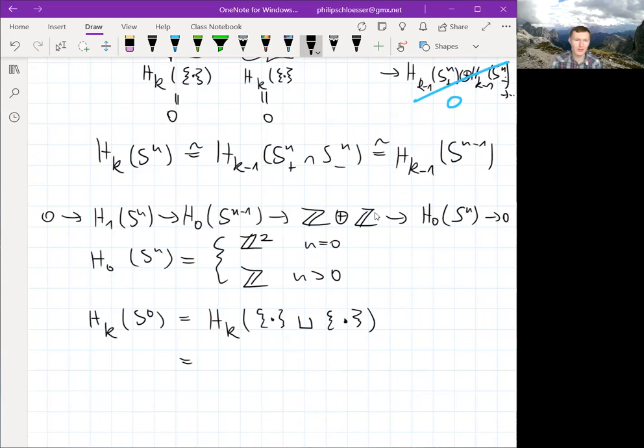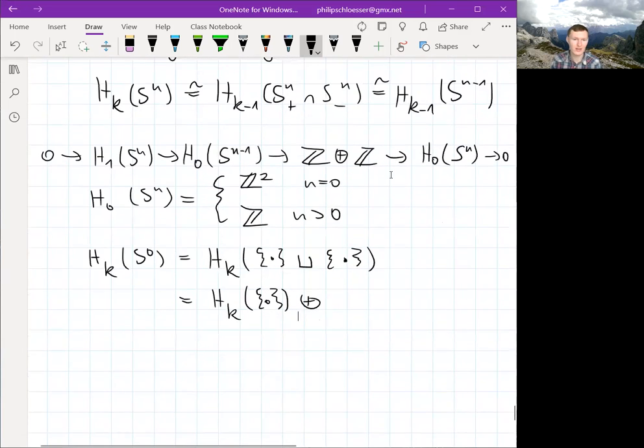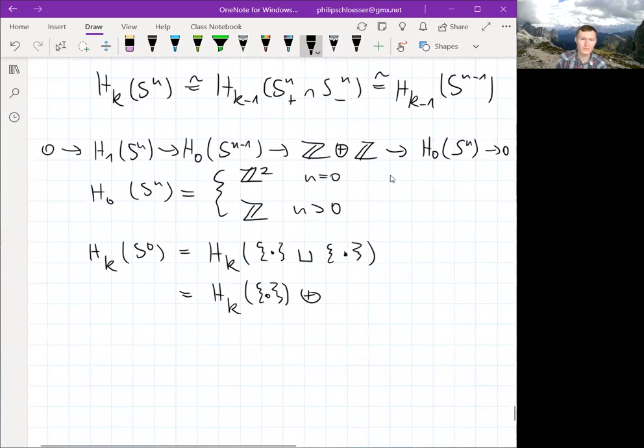Then we can apply the addition axiom and say that this is just Hk of the singleton set plus itself, or squared. Using the dimension axiom, this is Z squared if k is equal to 0, or the trivial group otherwise.